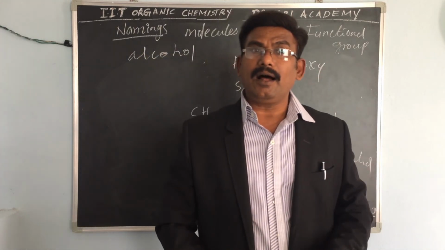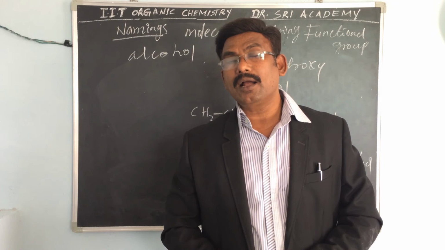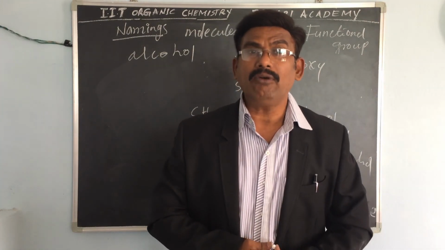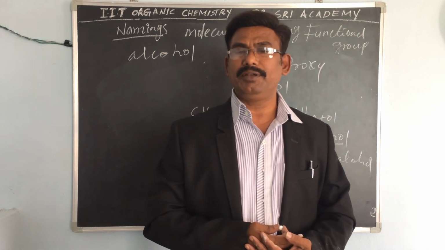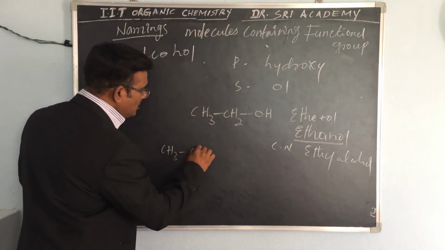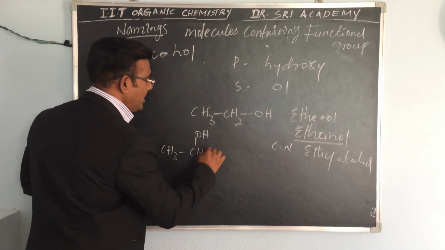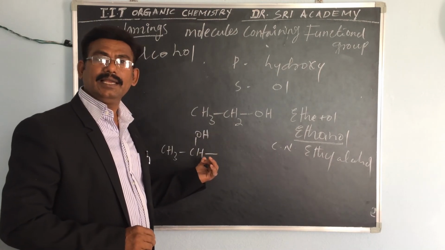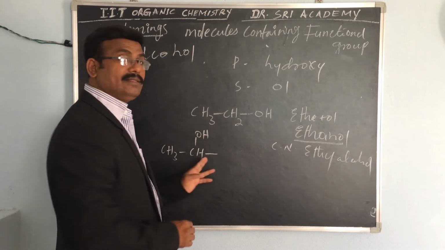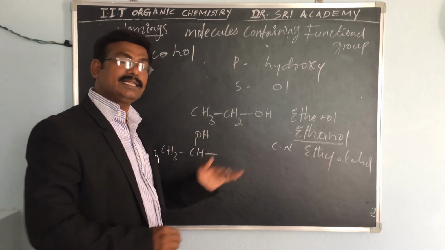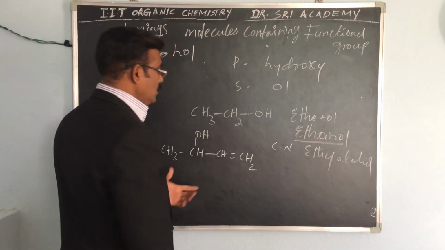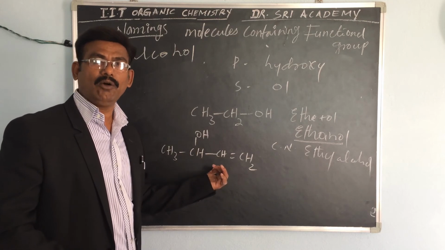If you take the 4 carbon atoms containing a multiple bond, how can you give the name? For example, CH3, CH containing the OH, CH3, CH, and a multiple bond, that is CH double bond CH2. So how can you give this name?